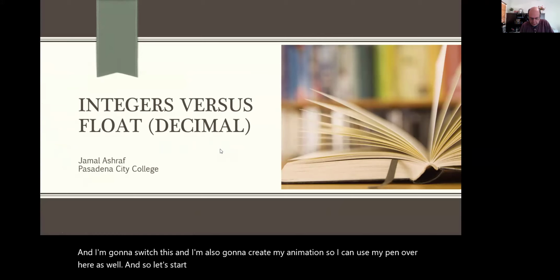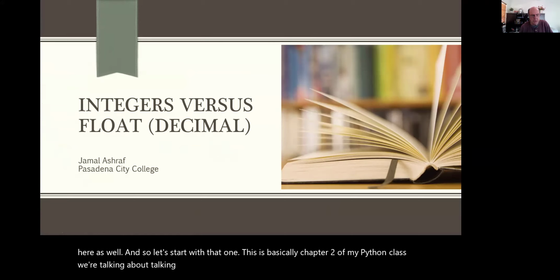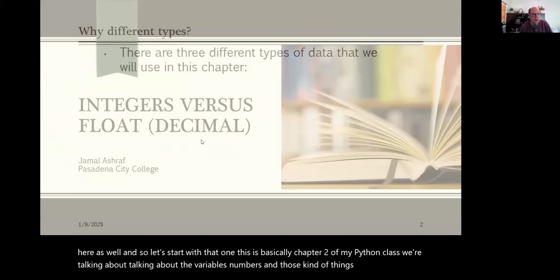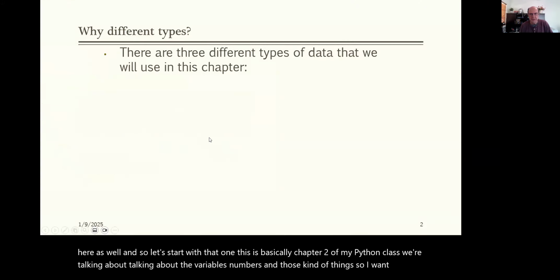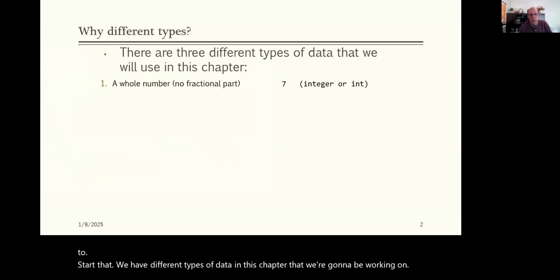This is basically chapter 2 of my Python class, where we're talking about variables, numbers, and those kinds of things. We have different types of data in this chapter. One is called a whole number.